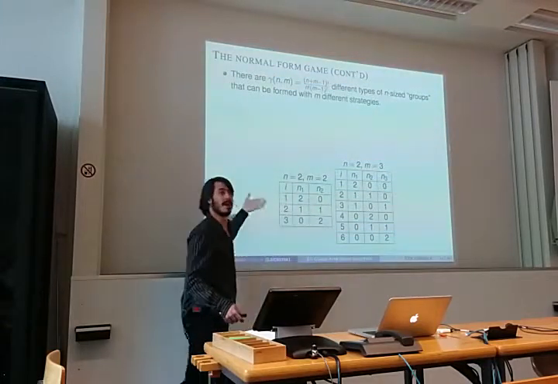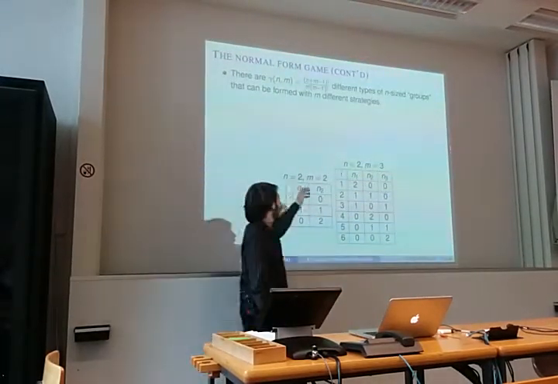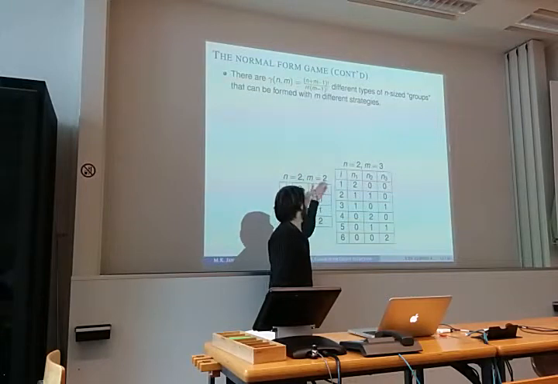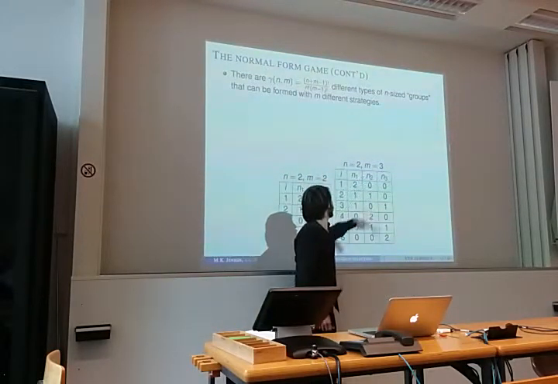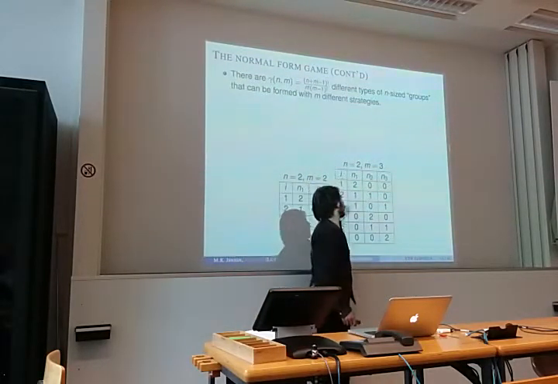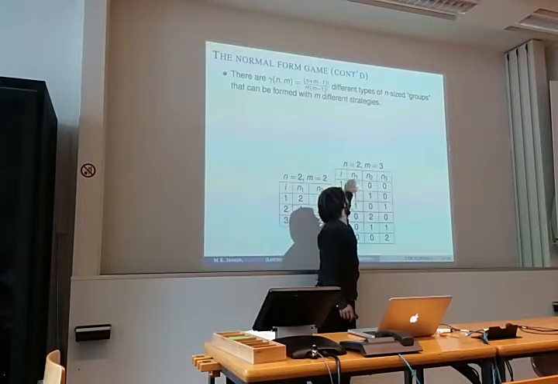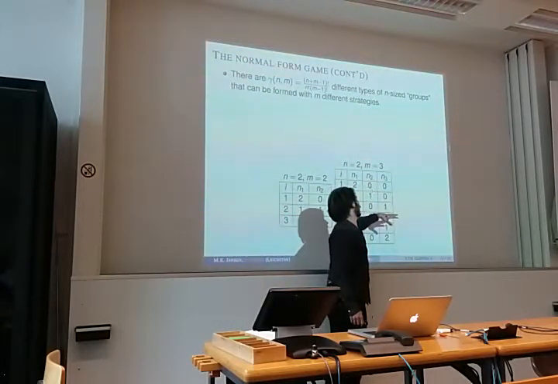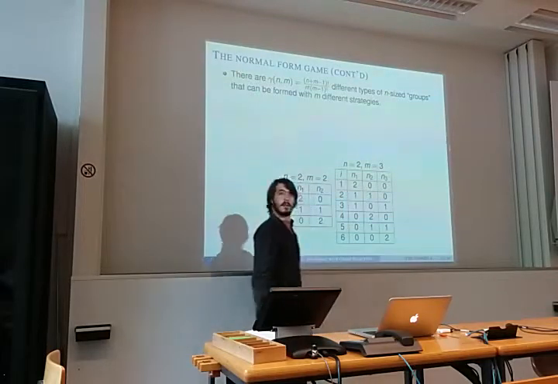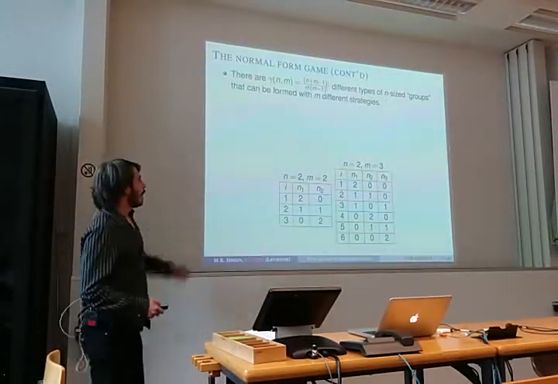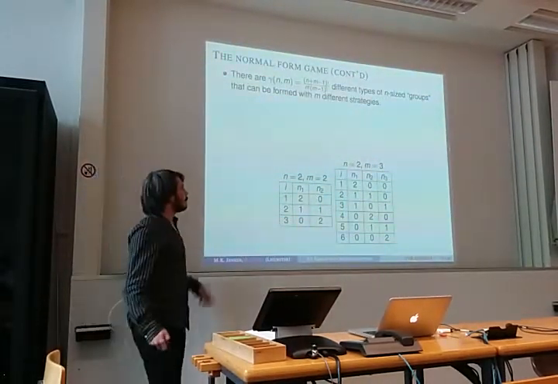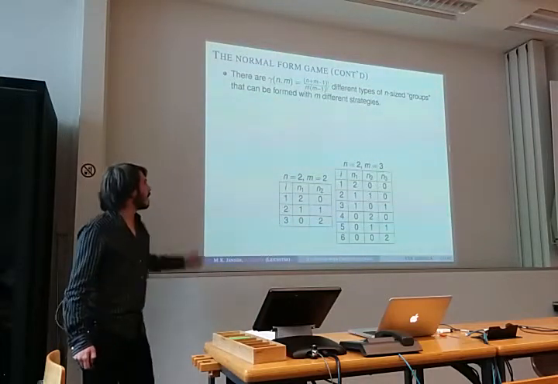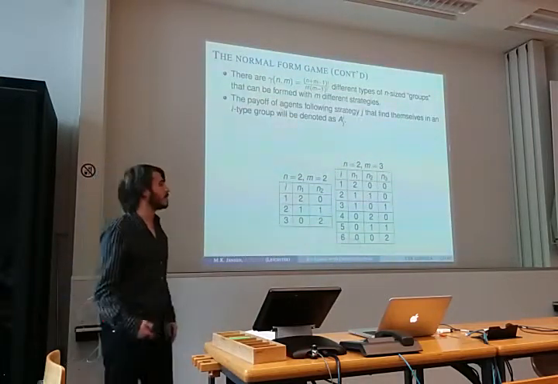Right? I mean group types. If you have two players, 3 strategies, then you have these groups, right? And this indicates how many people follow strategy 1, how many follow strategy 2, how many follow strategy 3 in the group.